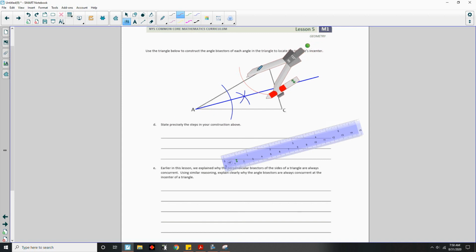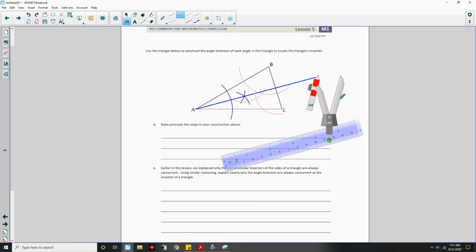Then I move my compass to one intersection with the circle and a side. I like to shorten this up a little bit. Form an arc. Bring my compass to the other intersection of circle and side. Form an arc.